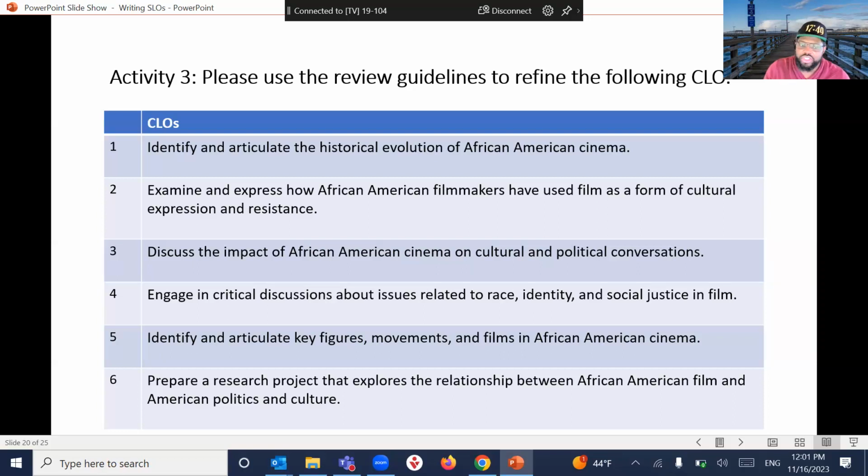So really wanting them to have the knowledge and the understanding of African American film history, and then be able to apply that in their own film work later on.